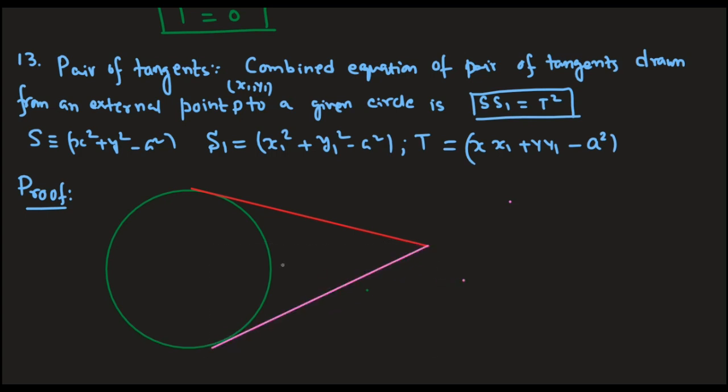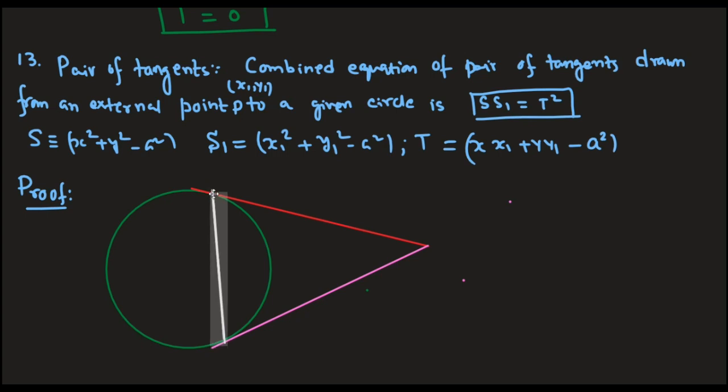So now we have two tangents, and as we said in the previous sections, when you join the points of tangency, where the tangent touches the circle, you will get a chord. This chord is known as the chord of contact. The chord of contact also has a very simple equation.